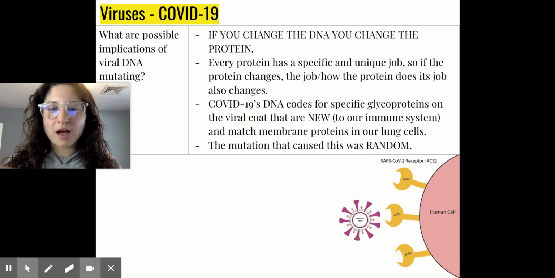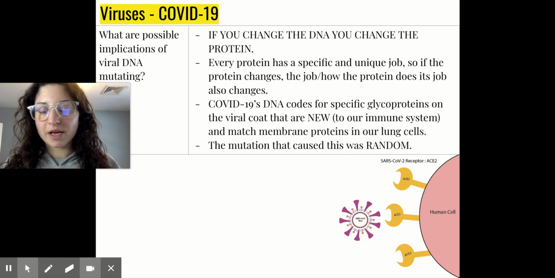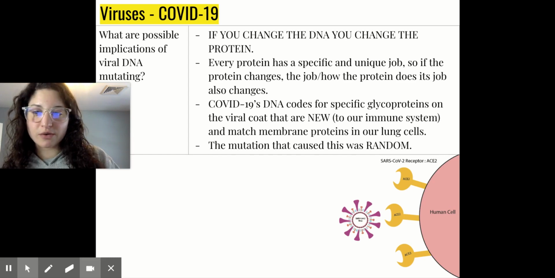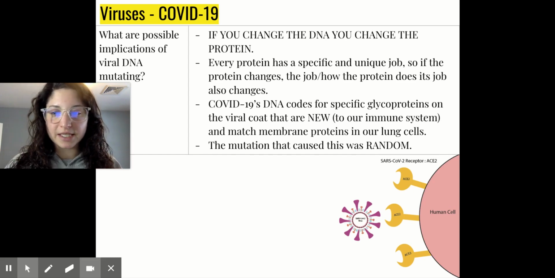If we are talking about mutating the genetic information in a virus, in this case the coronavirus, we are going to get a different phenotype of that coronavirus, which is the difference between the other coronaviruses and COVID-19. If you change the DNA, you change the protein.